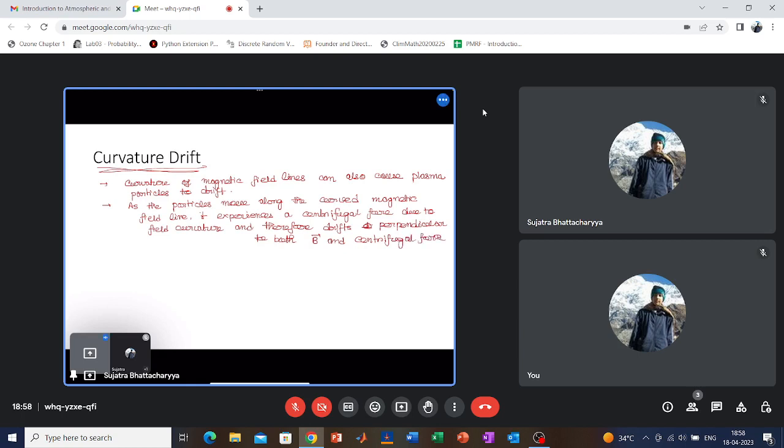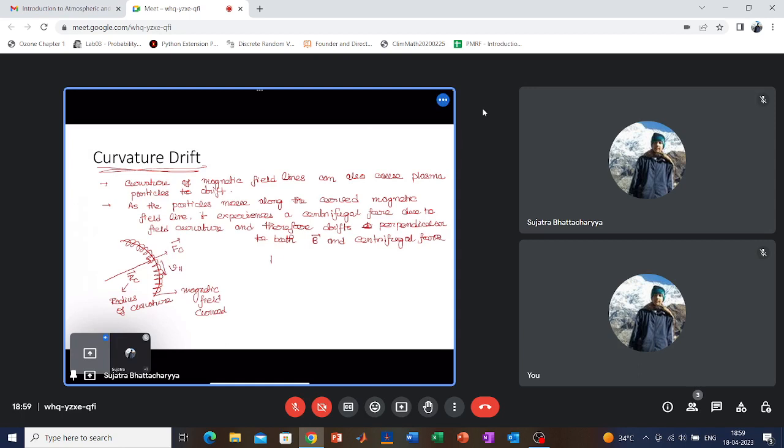So what is happening? Suppose this is the magnetic field line which is curved, and a particle is gyrating in that particular field, and this is the Rc, the radius of curvature. Okay, this is the magnetic field which is curved, and this is the centrifugal force Fc, and this is the V parallel, right?